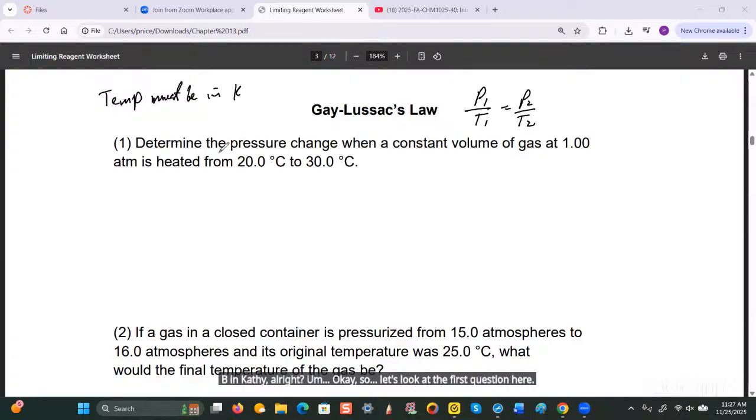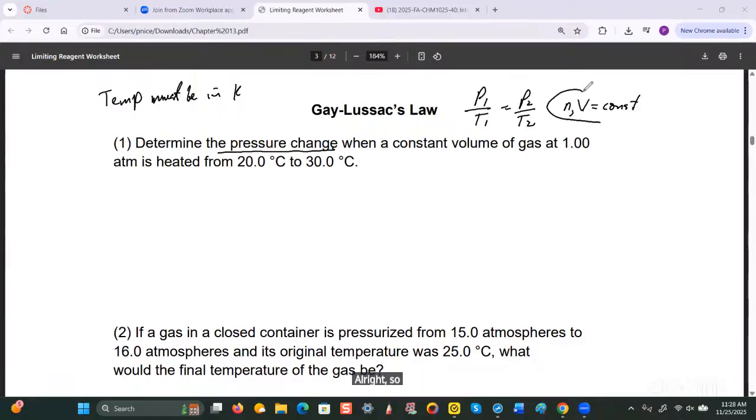Okay, so let's look at the first question here. It says, determine the pressure change when a constant volume of gas. Oh, by the way, I forgot to mention this: in the case of Gay-Lussac's law, the number of moles and the volume is constant, all right? So that is a constraint.